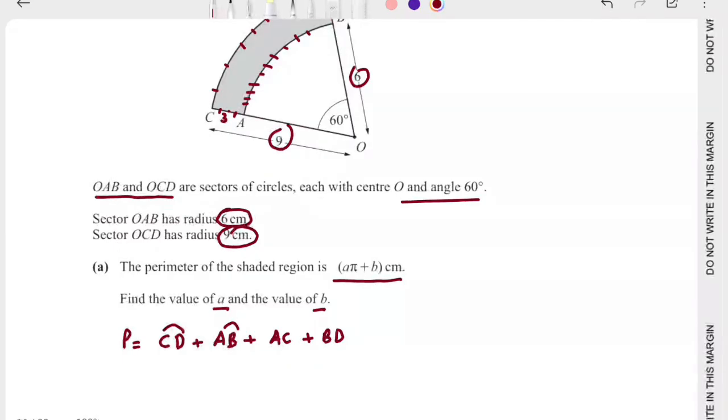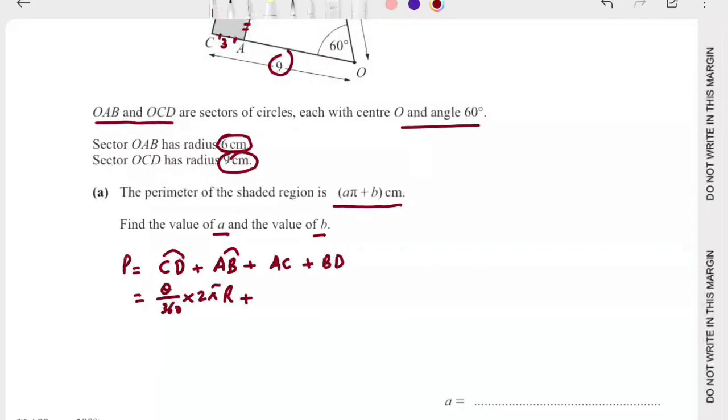So arc length of CD would be equal to theta over 360 degrees multiplied by 2 pi capital R, plus arc length of AB, which is theta over 360 degrees times 2 pi small r, plus AC plus BD. Now we will substitute values.